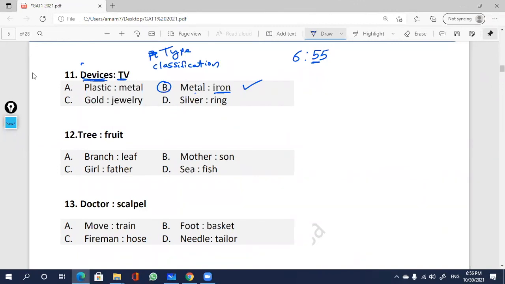12. I said that a tree bears fruit, so a branch bears a leaf. Maybe? No. Think again. A fish are in the sea.